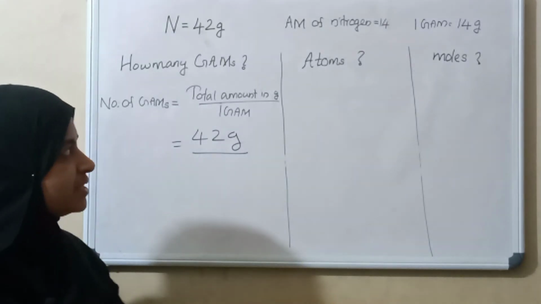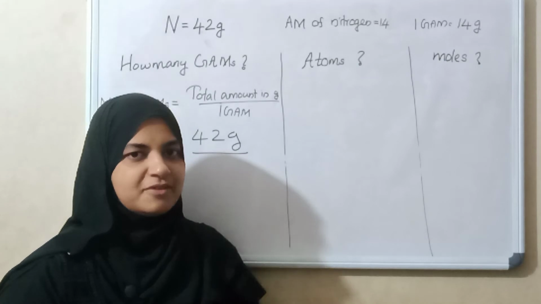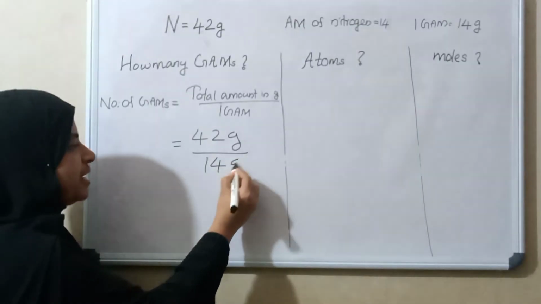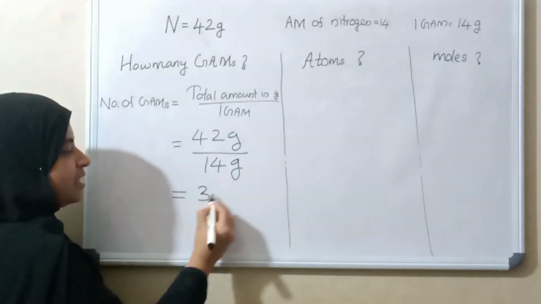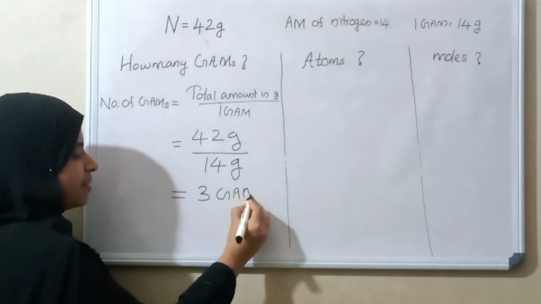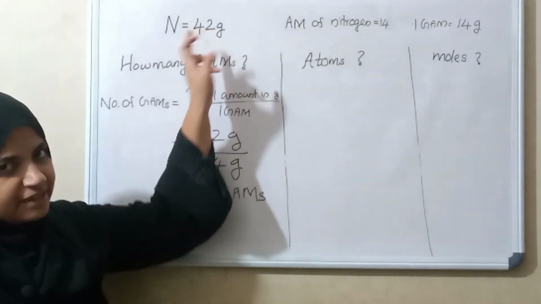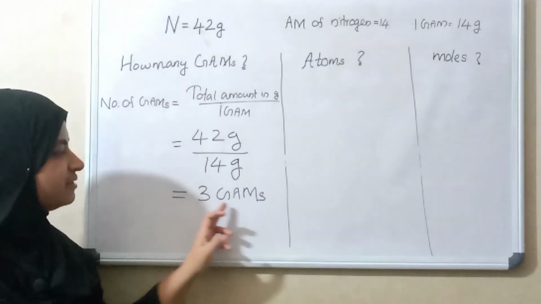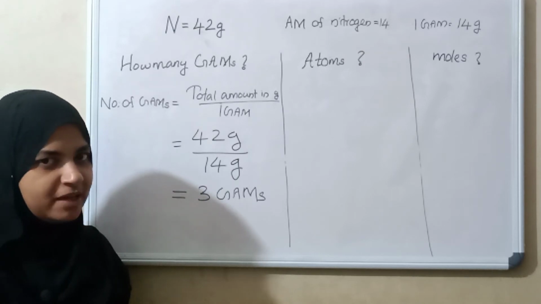Here atomic mass is already given, that is 14 gram. Then 1 GAM is 14 gram. That is 42 gram by 14 gram, which is equal to 3 GAMs. That is, in 42 gram of nitrogen, 3 GAMs are present. Okay, do you follow me?